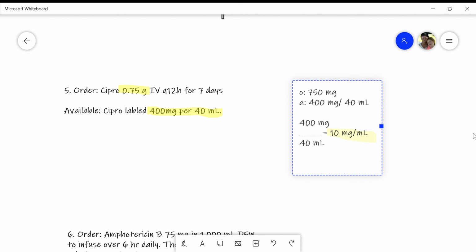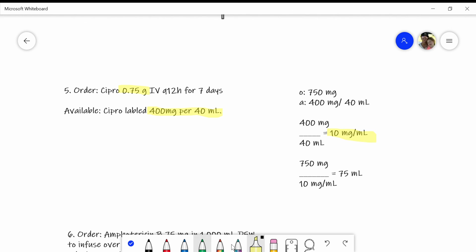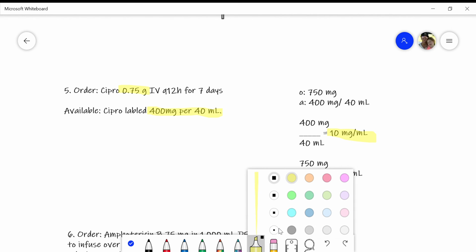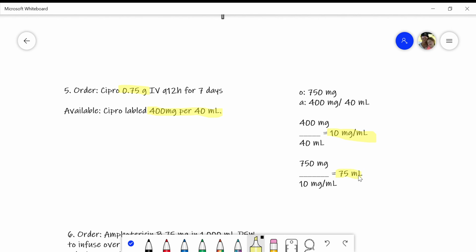And then once we have that base rate, we can say we want 750 milligrams, and we're going to divide that by the 10 milligrams per milliliter, and that is going to give us 75 milliliters is what you're going to dose. So the 75 milliliters would be your answer for that one.